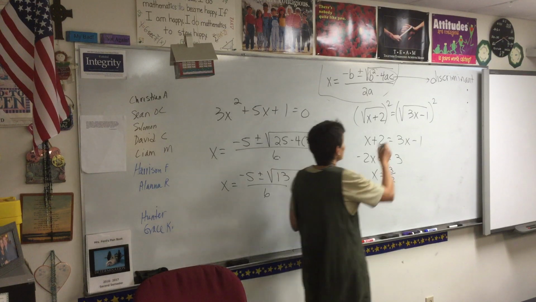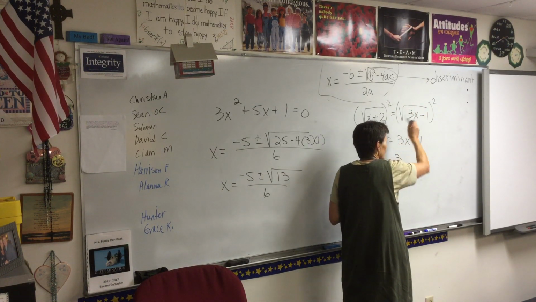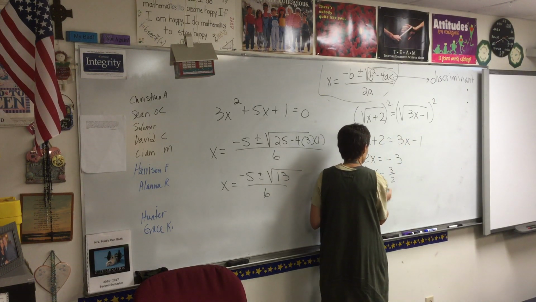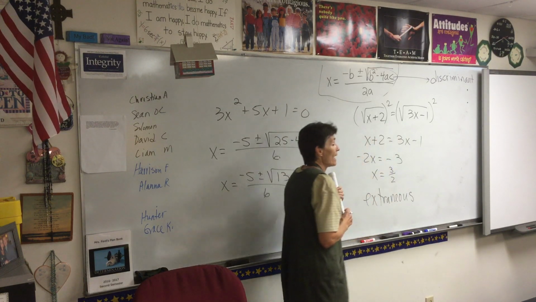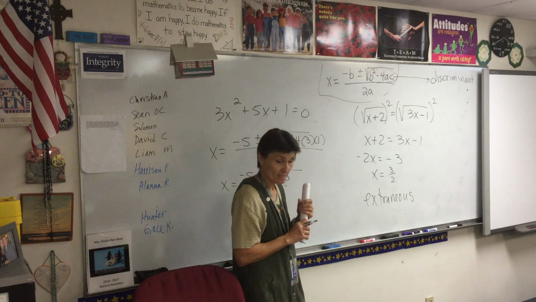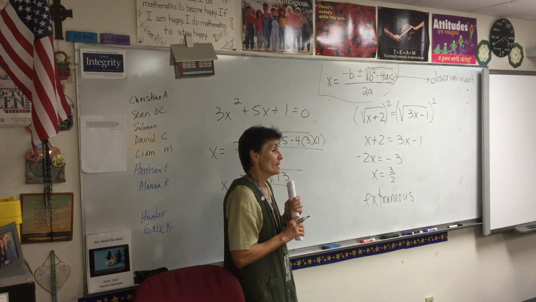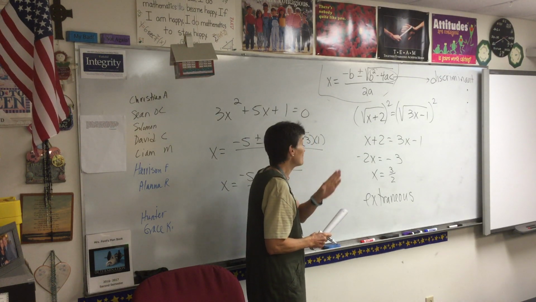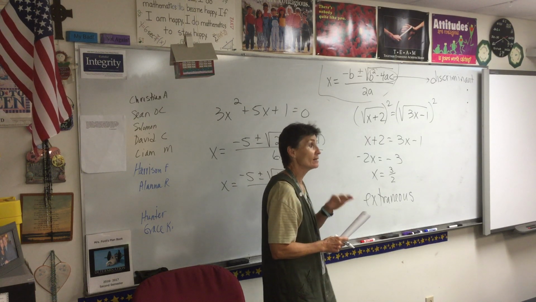Because when you do this process, squaring both sides, that introduces the possibility of extraneous roots. Now, have you heard that word before? Some of you say yes, some of you say no. An extraneous root is an answer that you get. You haven't made any mistakes. It just doesn't check. It's kind of like an anomaly.